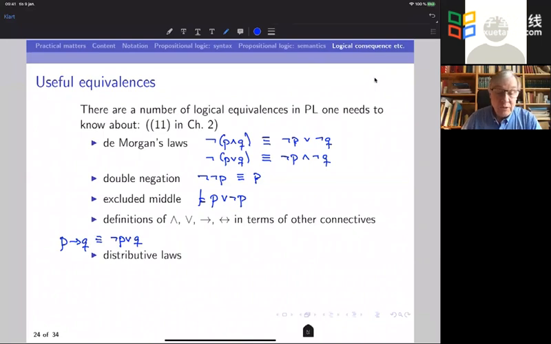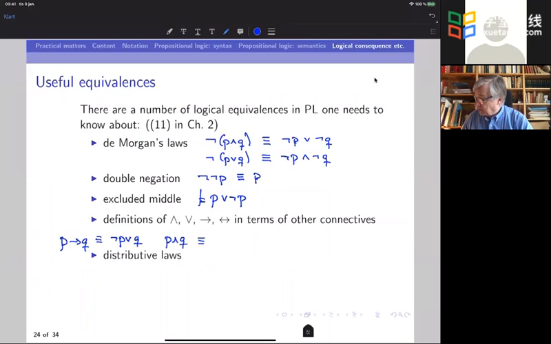But I can also define, let's say I want to define conjunction in terms of disjunction and negation. Well, then I just use the De Morgan law up here.